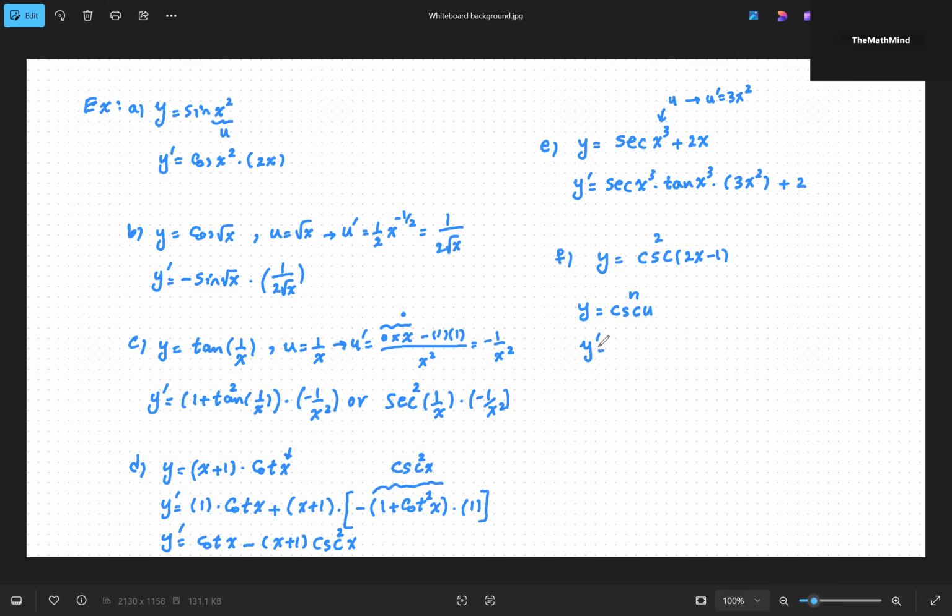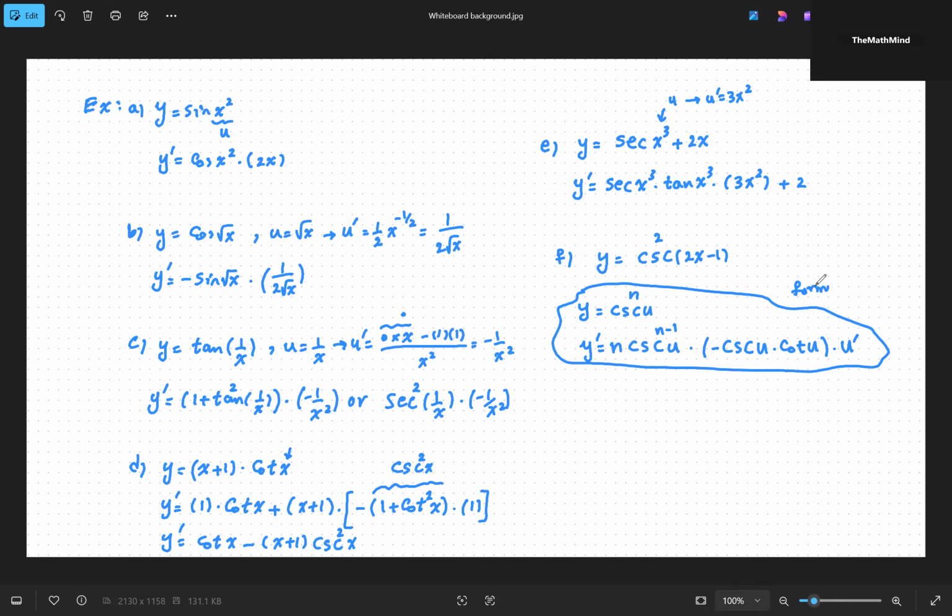So y prime, as a formula, is going to be n times cosecant to the power n minus 1, and then you multiply by the derivative of cosecant, which is negative cosecant u cotan u, and then multiplied by u prime. Okay, please pay attention to this new formula here that has u and n, the power.